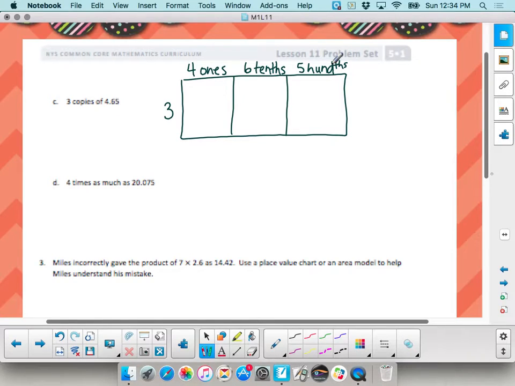Now this time I'm going to go ahead and multiply and write the answer in the box. So 3 groups of 4 ones would be 12 ones.